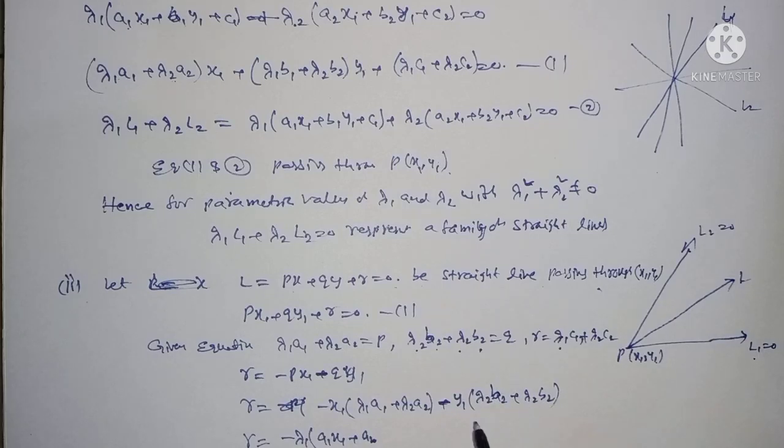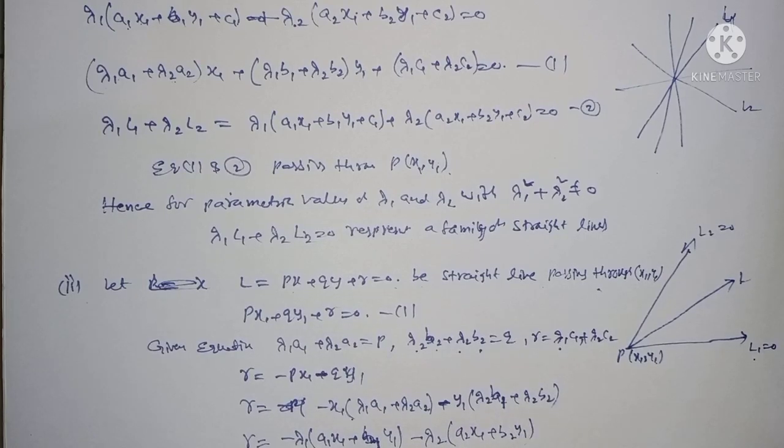Therefore what will we get here? b1 y1. Already you can take the minus common, and minus lambda 2 of a2 x1 plus b2 y1.